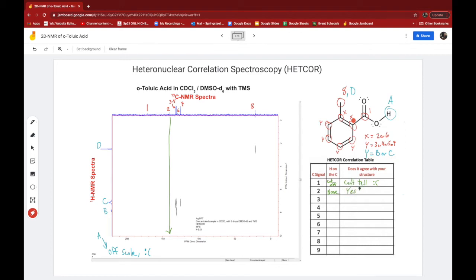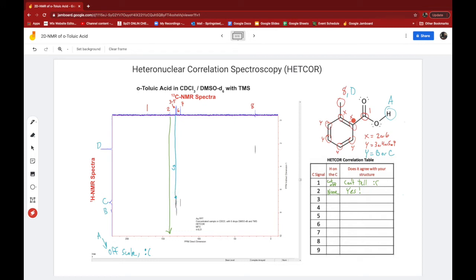Nice. Okay, what about carbon signal 3? Carbon signal 3 does have a correlation. It is the most downfield of the carbon signals in the 3, 4, 5 grouping. So it looks like it correlates with this one right here. Since carbon signal 3 is the most left of 3, 4, 5, the most downfield, and this correlation is the most downfield, it's got to be that one, right?